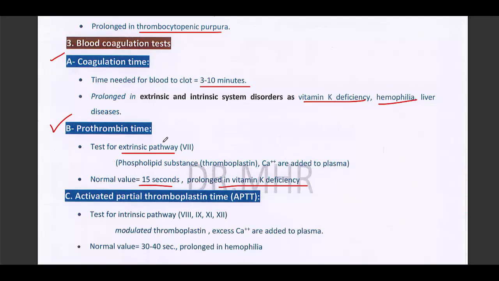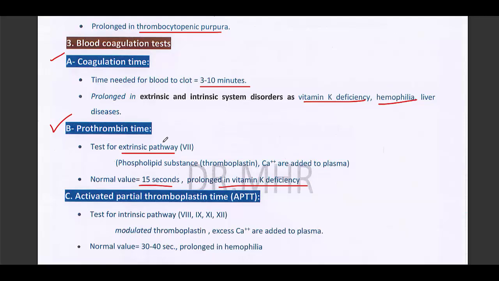So if we want to differentiate between vitamin K deficiency and hemophilia, we make one of these tests: prothrombin time or activated partial thromboplastin time.